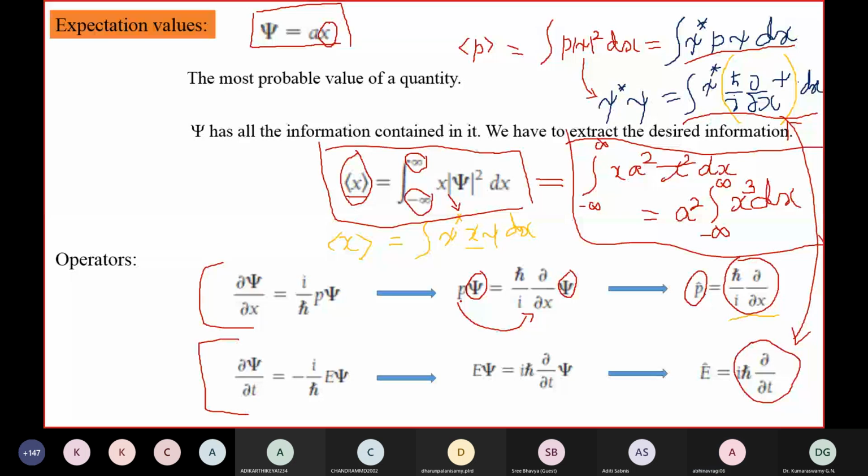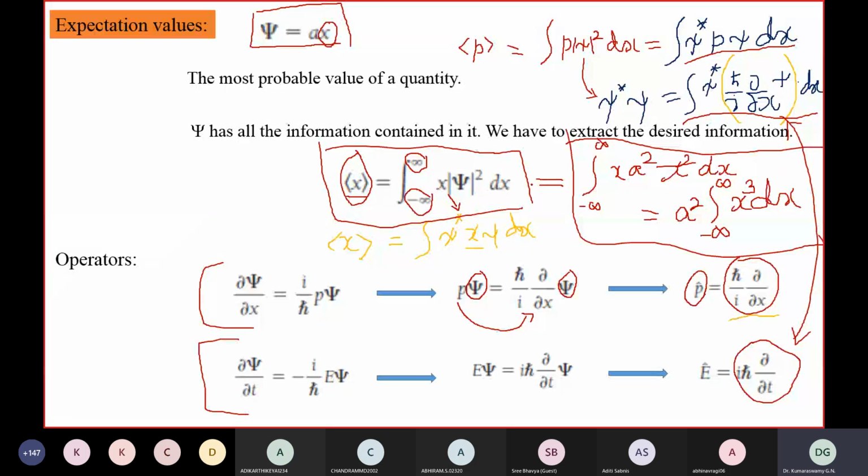Sir, can you once again tell why operators are used? See, you have to get the expectation value, or you have to get the information about the position, momentum, energy, right? Do you agree? Yes, sir. To get the information about position, there was a very simple method: this is the probability density. Multiply that with the position before integration.